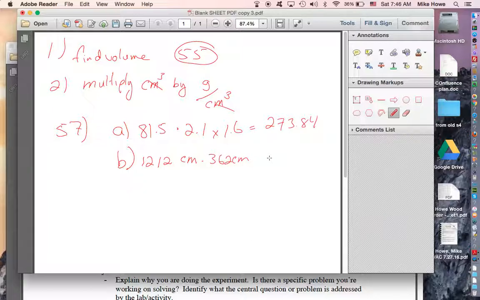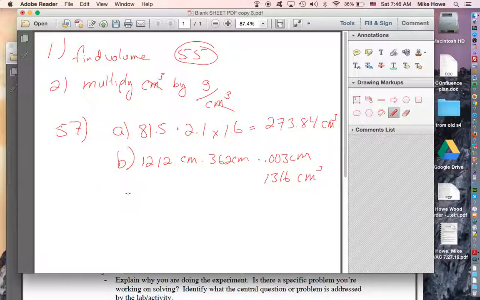Then you would have 0.003 centimeters. All right, so if you take 1212 times 362 times 0.003, you end up with 1,316. So 1,316 cubic centimeters.